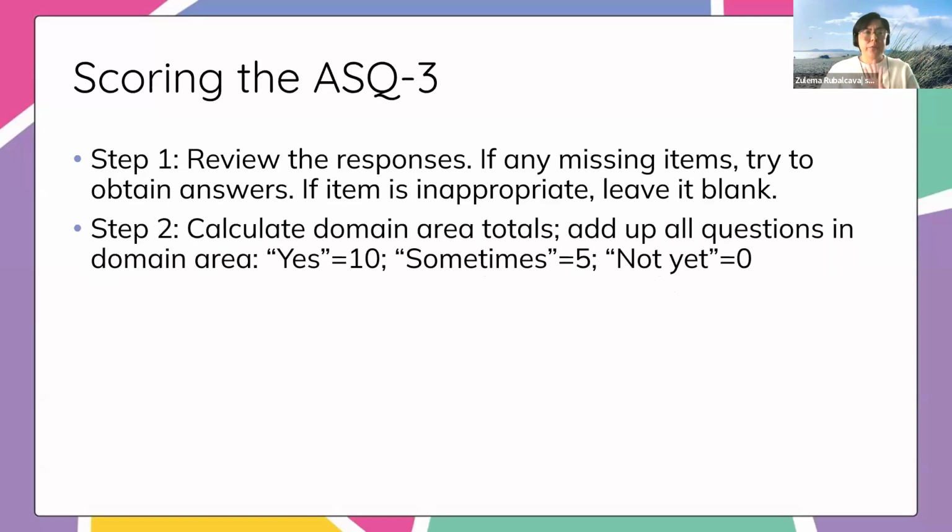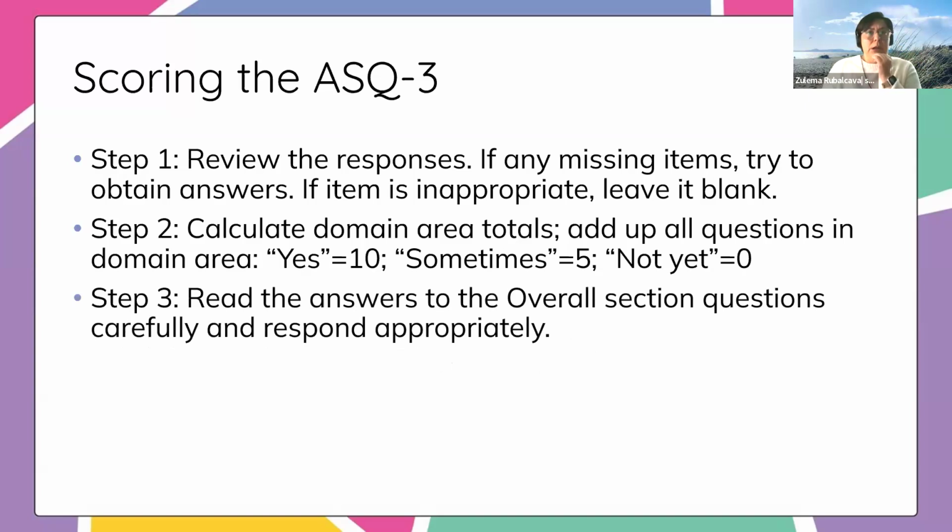All of this is also if you ever need to remember, or say you haven't done this in a while and you have to score one right now, the information summary sheet also has this, right? So it's going to tell you the yes, the sometimes, and the not yet scores. You're going to go over the overall questions and make sure that there aren't any concerns.